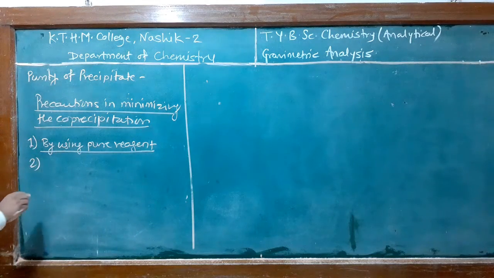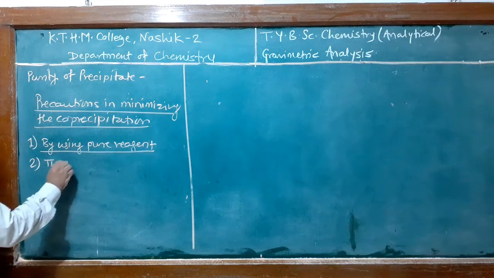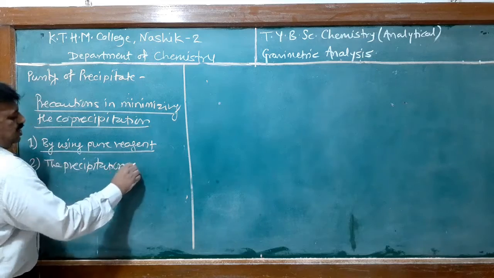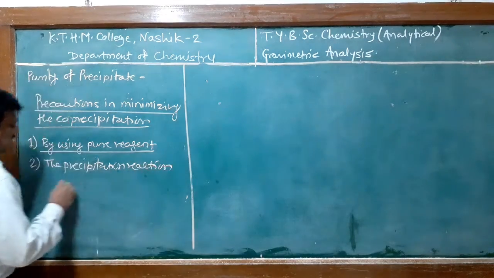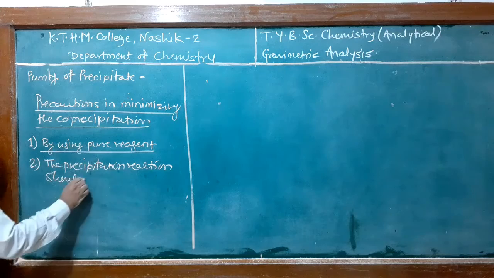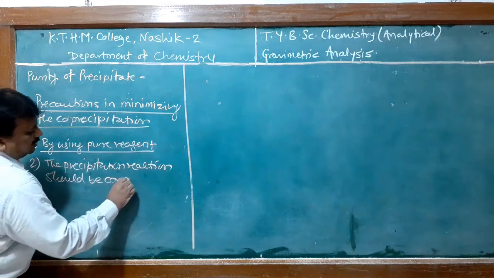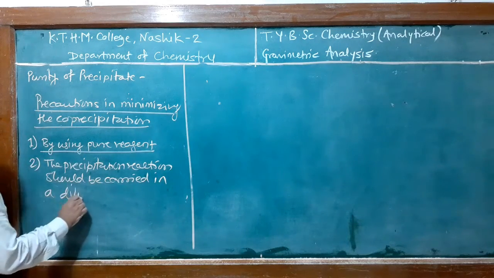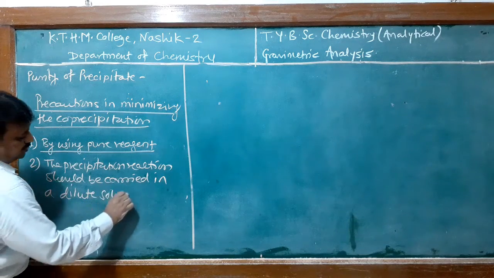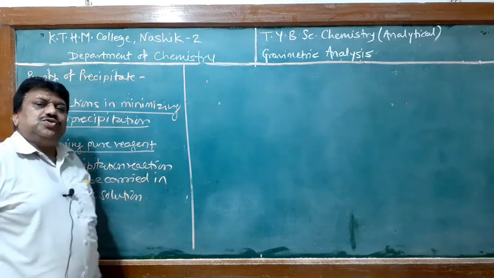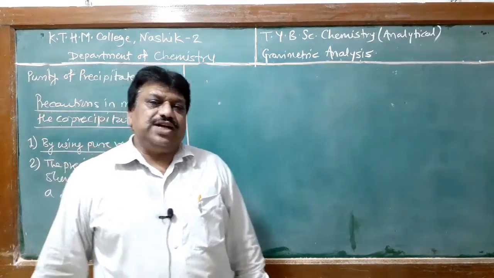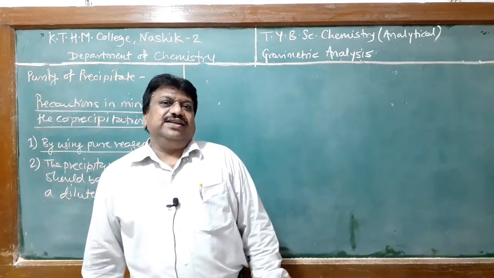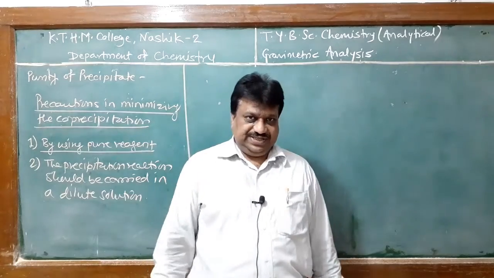Number second, the precipitation reaction should be carried out in a dilute solution. Now in a dilute solution, the degree of supersaturation is maintained at a lower value, and therefore the chances of co-precipitation decrease.